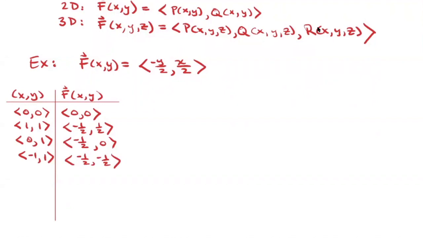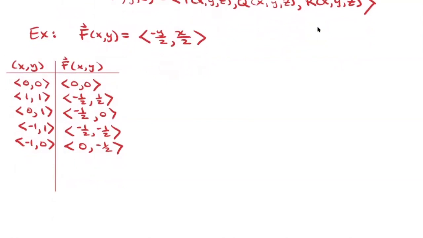Then negative 1, 0. Again, switch the coordinates. The first one's going to be 0, divide by 2, you get 0. The other one's going to be negative a half. How about negative 1, negative 1? You switch the coordinates so the y becomes the x and then becomes positive because you're changing the sign, so you get a half. And the x becomes a y, that's negative a half.